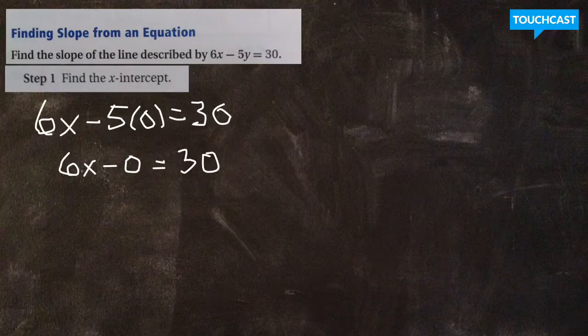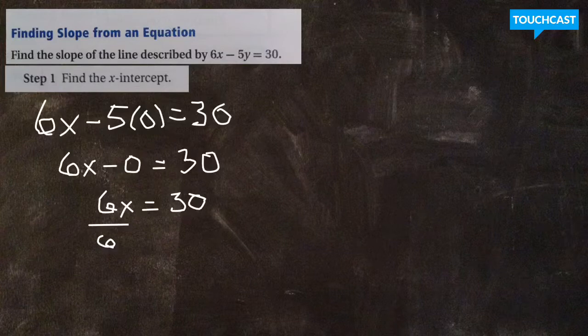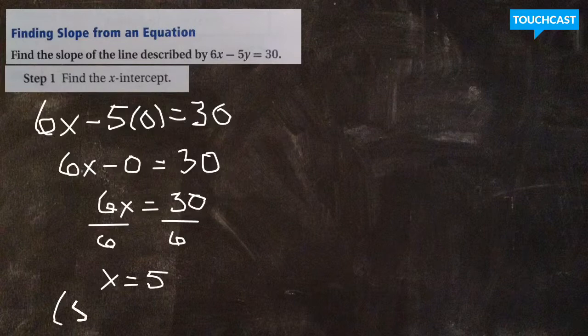And 6x minus 0 is just 6x. 6x equals 30. To find x, we have to divide both sides by 6. And x is equal to 5. So we know we have one ordered pair. That is 5, 0, our x-intercept.